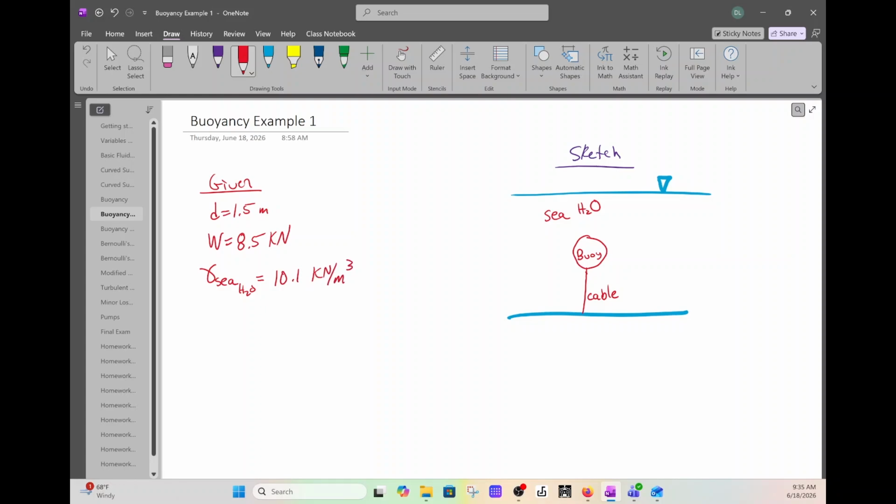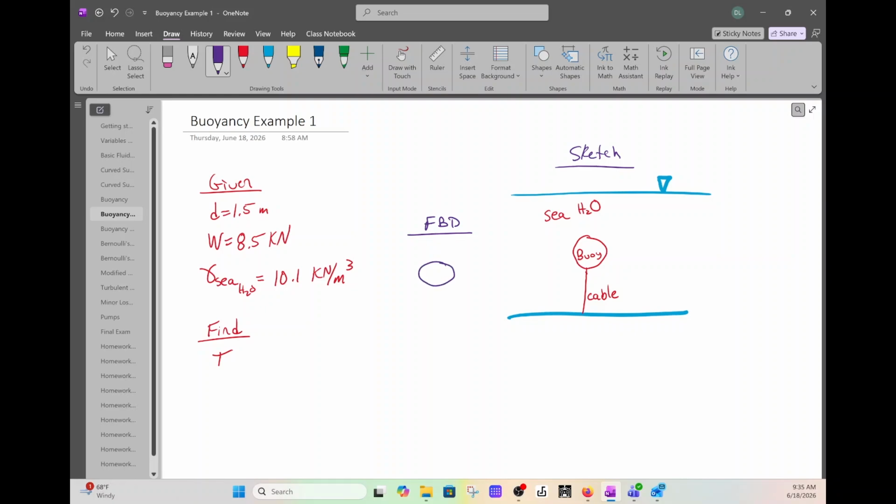And what we're going to find is the tension in that cable. So I'm going to do a free body diagram right here. Let's make it purple. Free body diagram.